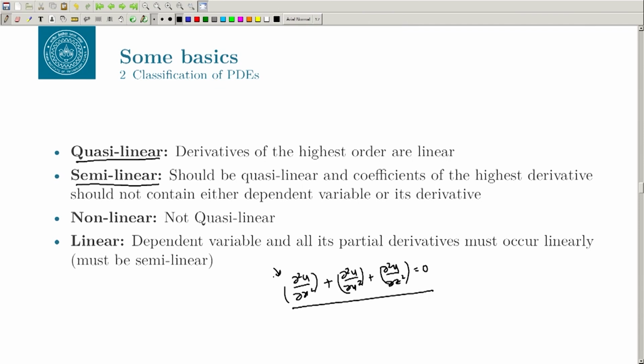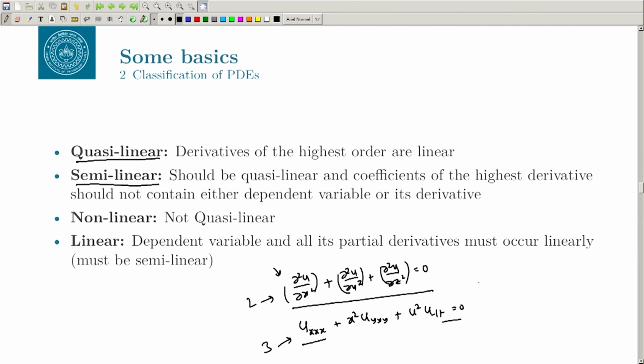You can have other expressions also. Let us say I have the expression u x x x plus x squared u y y y plus u squared u t t equals 0. Here the order was 2 earlier, and here the order is 3, and this is also a quasi-linear equation.